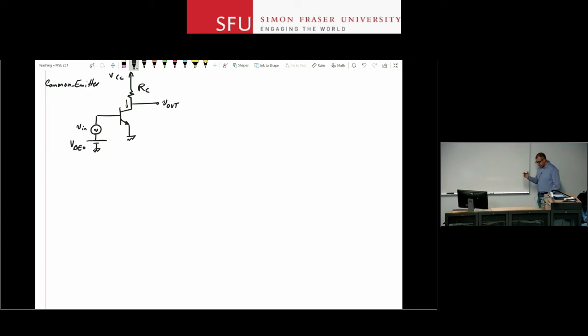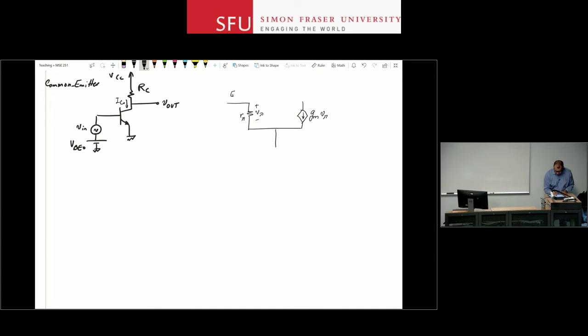Okay, so assuming that this device is properly biased, what I need to do next is to do the small signal analysis. So I go and draw the small signal model for the device. The device is biased with some current IC, so let's just call it IC. For the transistor, I can use the small signal model, gm v pi, plus and minus v pi here, and this is r pi, of course.